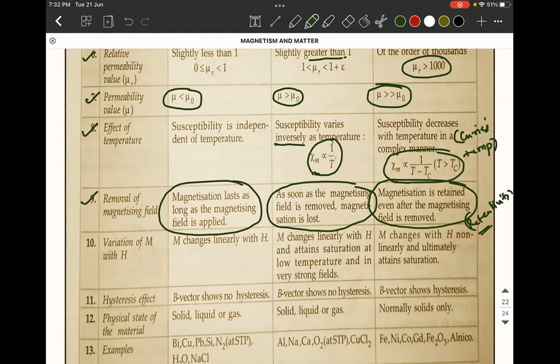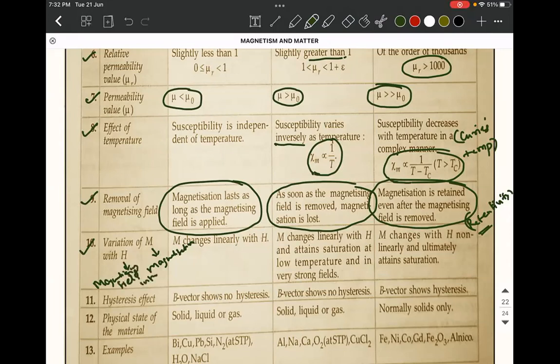Next is the variation of M and H, where M is called magnetization and H is called magnetizing field intensity.